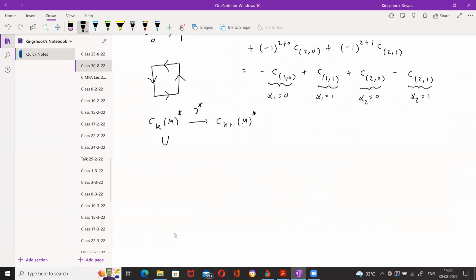Sitting inside, we have omega k m, and sitting inside here, we have omega k plus 1 m.